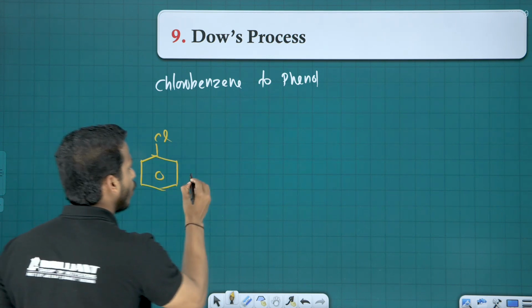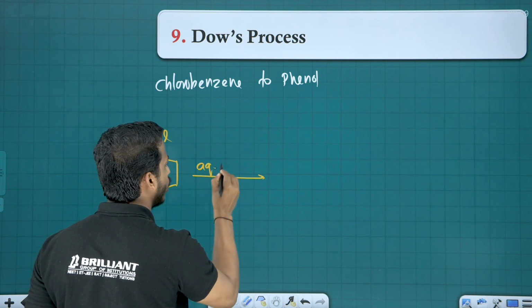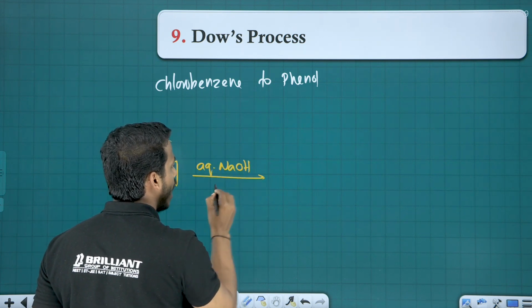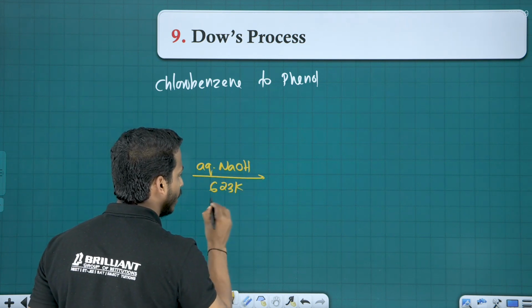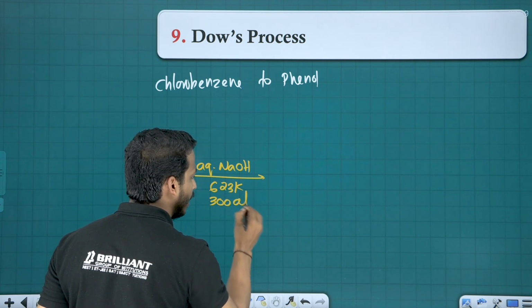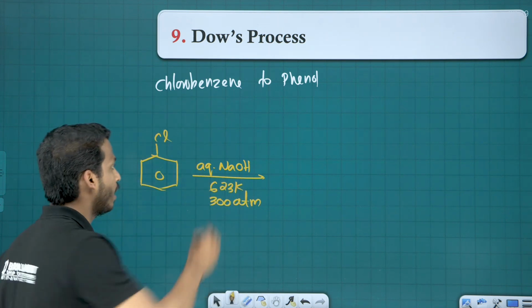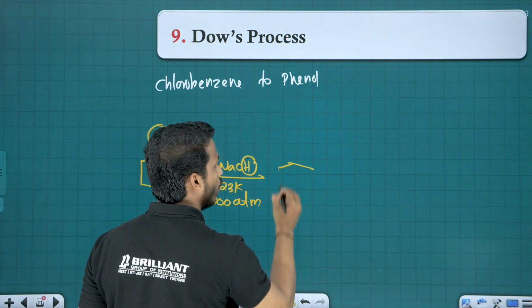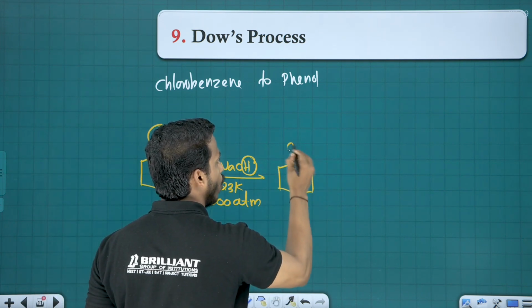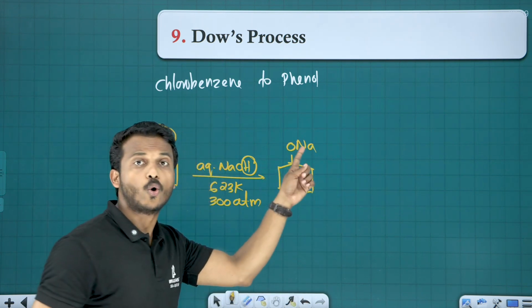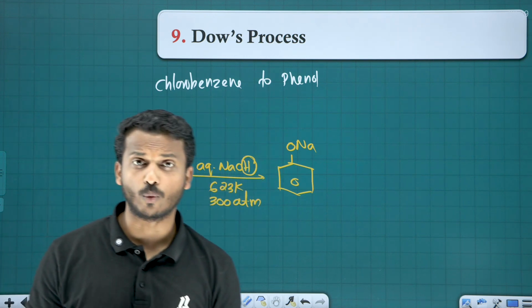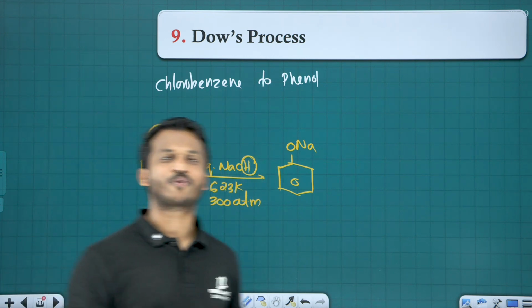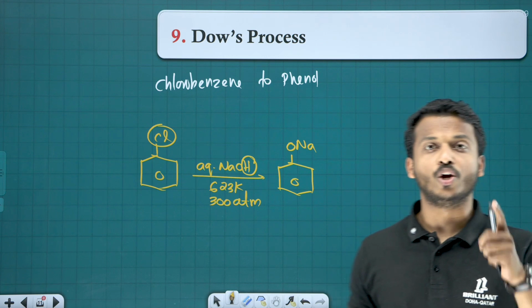Chlorobenzene first reacts with aqueous NaOH at 623 Kelvin and 300 atm pressure. This H and this Cl, please take it out. What is left here? Benzene with ONa. What do you call this one? Sodium phenoxide. So what is Dow's process? Conversion of chlorobenzene to phenol.